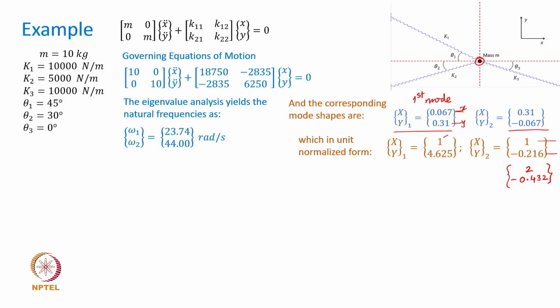That means the mode shape is not an absolute displacement value, it is always a relative displacement of the two degrees of freedom that you talk about.